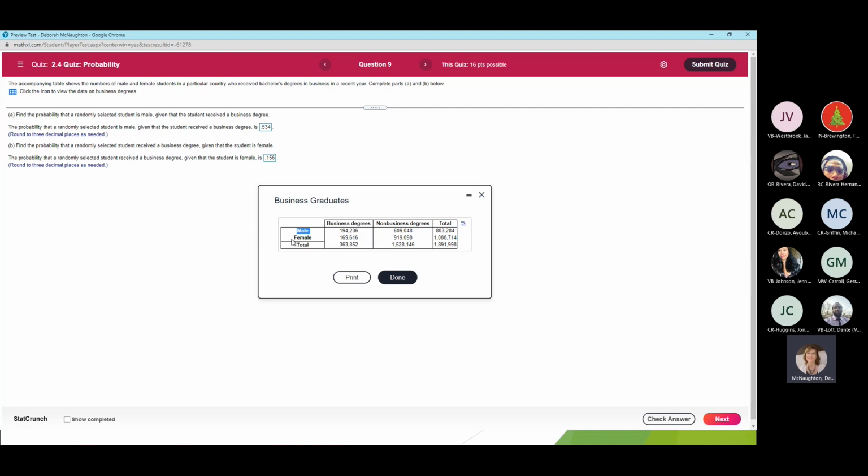So when they say, given that the person's female, we're just going to use just this row of females. If they say, given that the person has a business degree, then we're basically only going to look at this column. We're going to ignore everything else. And so the probability that I'm female, given I have a business degree, would be the number of females with a business degree divided by the number of people who have business degrees.